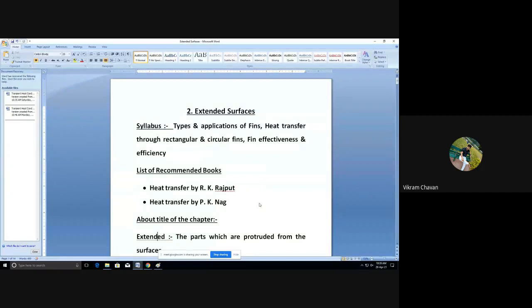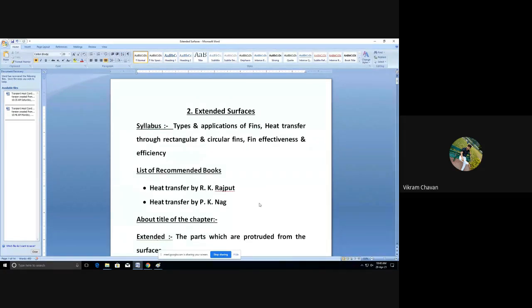Okay, so then you will see more clearly whatever written on the screen or whatever written in that particular word file. Okay, so syllabus is types and applications of fin, then heat transfer through rectangular and circular fin, effectiveness and efficiency.